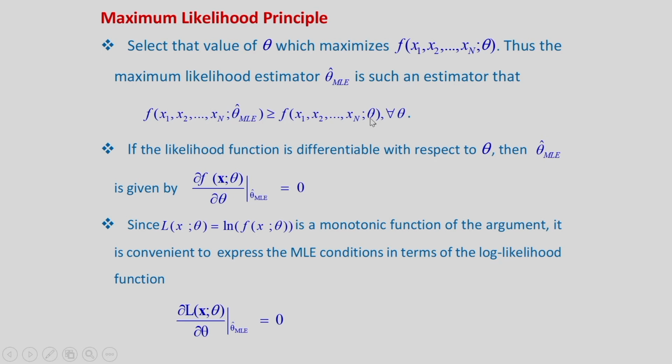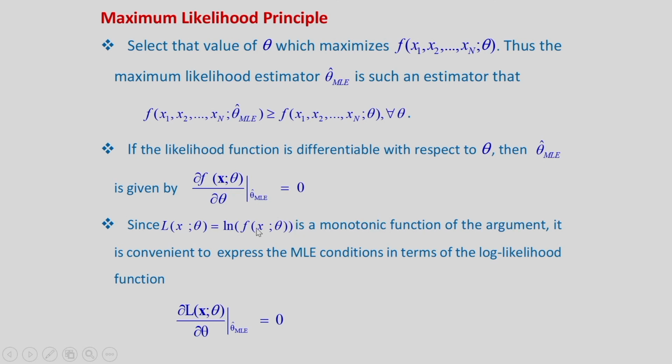If the likelihood function is differentiable with respect to theta, then theta hat MLE is given by this relation, that is, the partial derivative of the likelihood function with respect to theta at theta hat MLE is equal to 0. Now, the log function is a monotonic function of the argument.